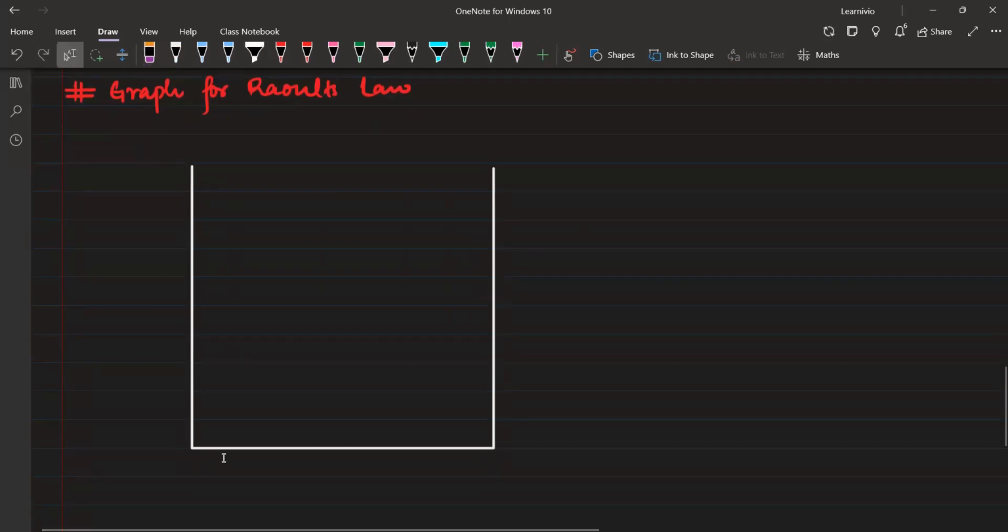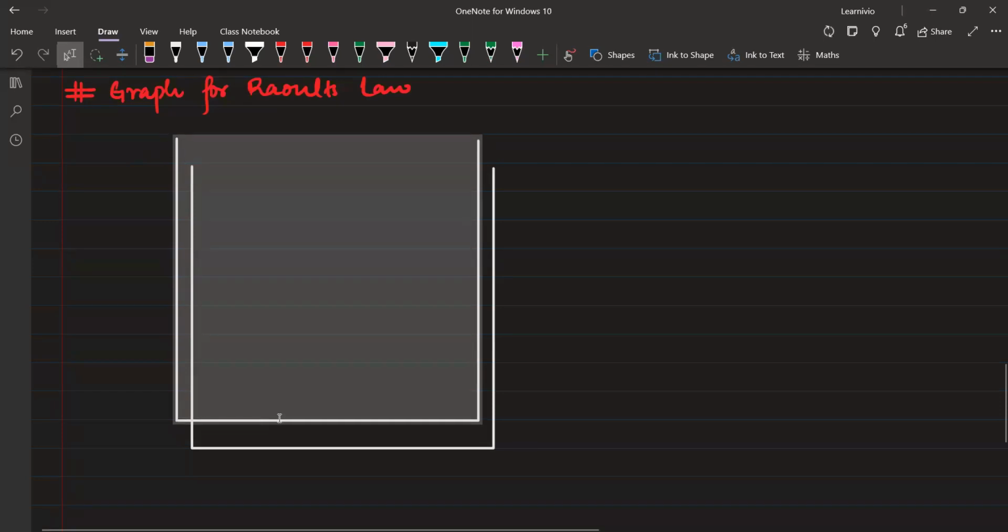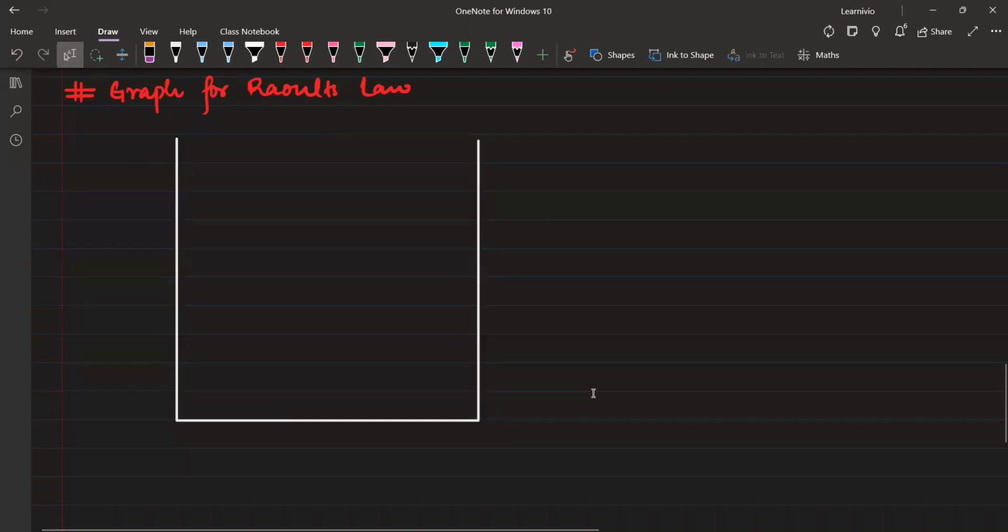Now, in the graph for Raoult's law, here we are going to denote the chi-B, the mole fraction of solute.